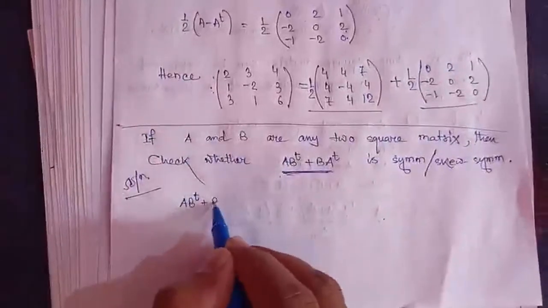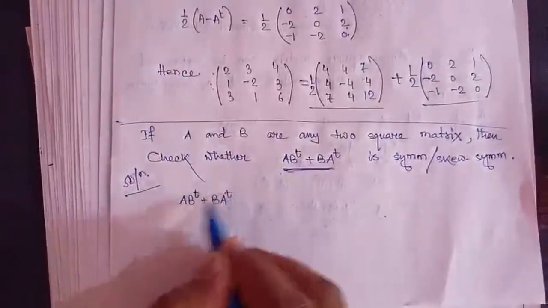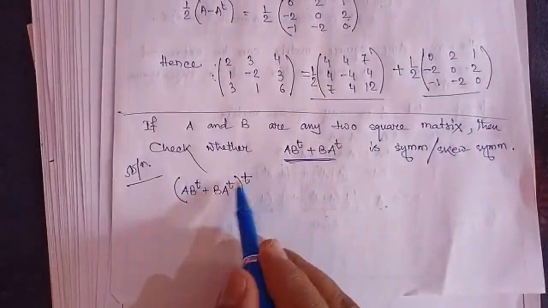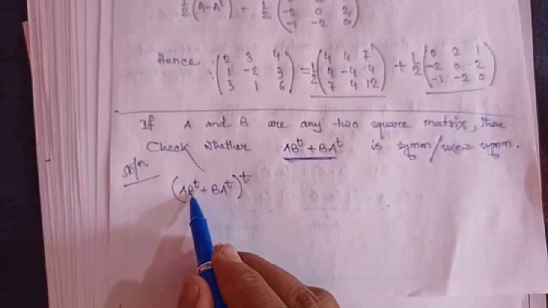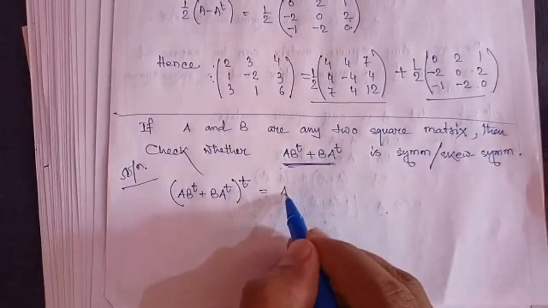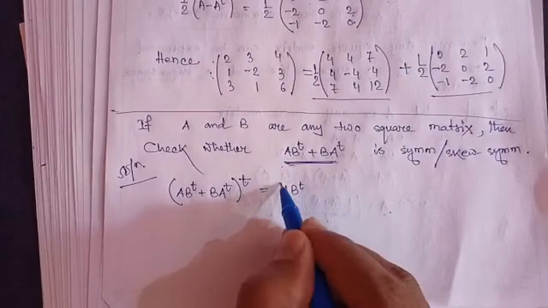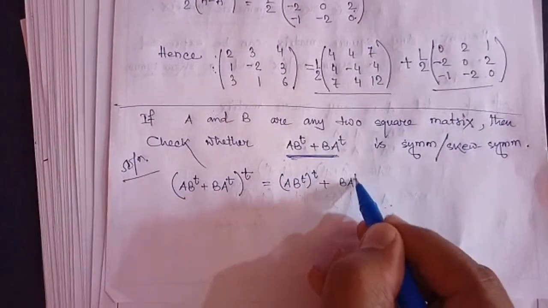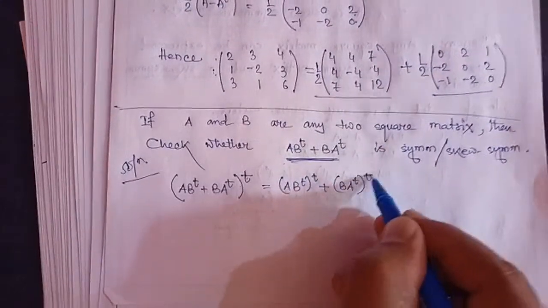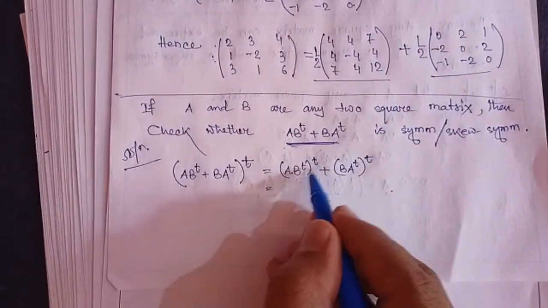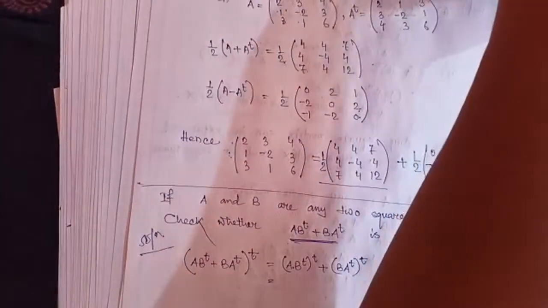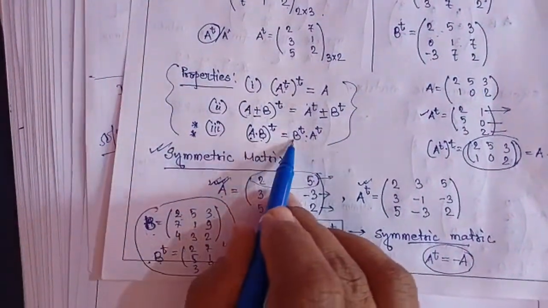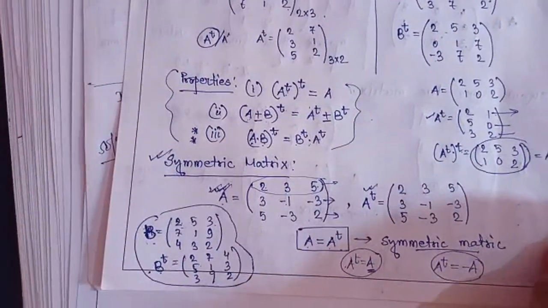So AB^T plus BA^T, this is the matrix, and we take the transpose. What was the rule? The transpose can be distributed over the sum, so this can be written as (AB^T) whole transpose plus (BA^T) whole transpose. Now in case of a product it will be reversed. One very important property I have given: (AB) whole transpose equals B transpose into A transpose; the second one comes first after transposing.